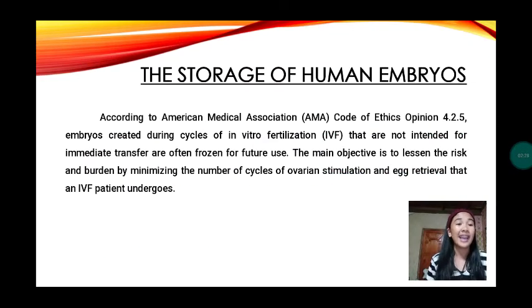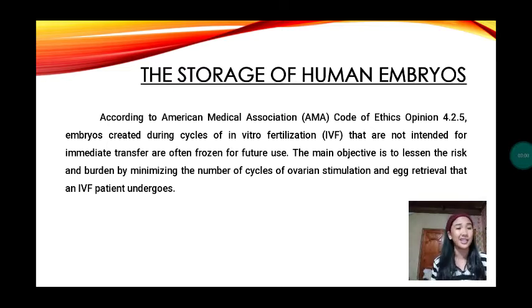So, here I have the storage of human embryos. According to the American Medical Association, or AMA, Code of Ethics Opinion 4.2.5, embryos created during cycles of in vitro fertilization, or IVF, that are not intended for immediate transfer are often frozen for future use.